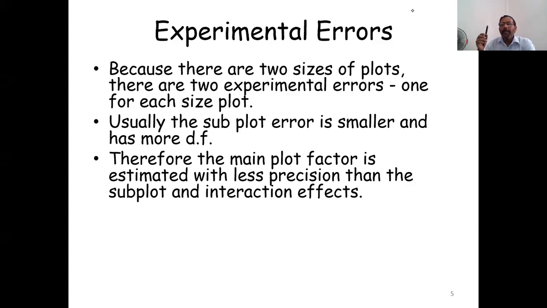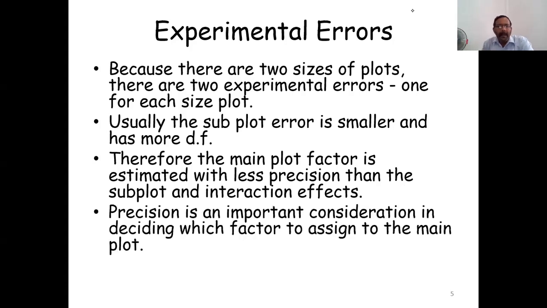Can you remember the main plot? Tillage is main plot. The varieties as well as the interaction between tillage and variety are in the subplot. So subplots are treated differently from main plot. Main plot has less precision compared to the subplot. That is the concept here.